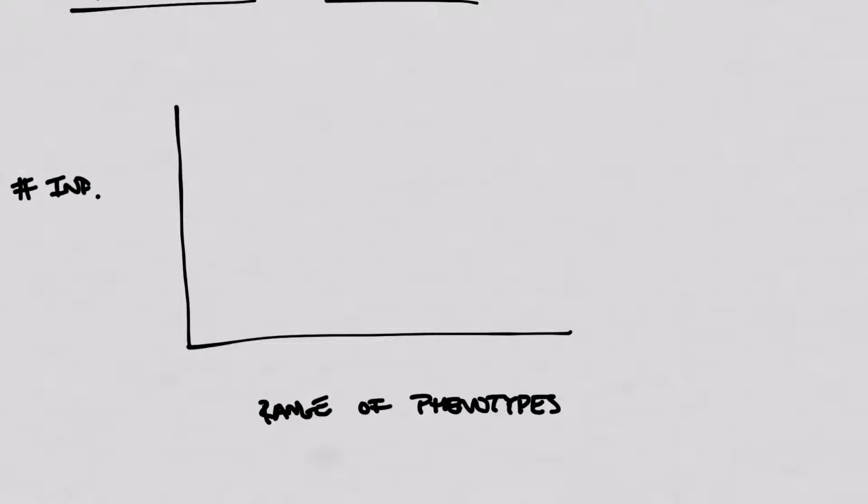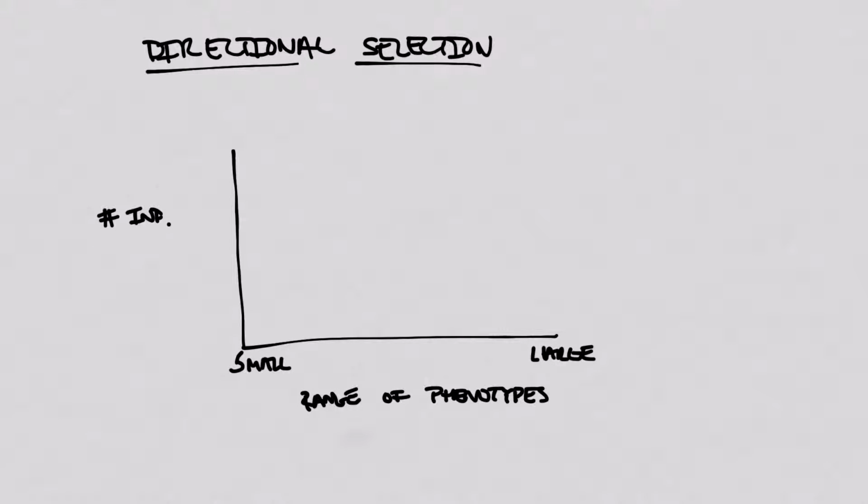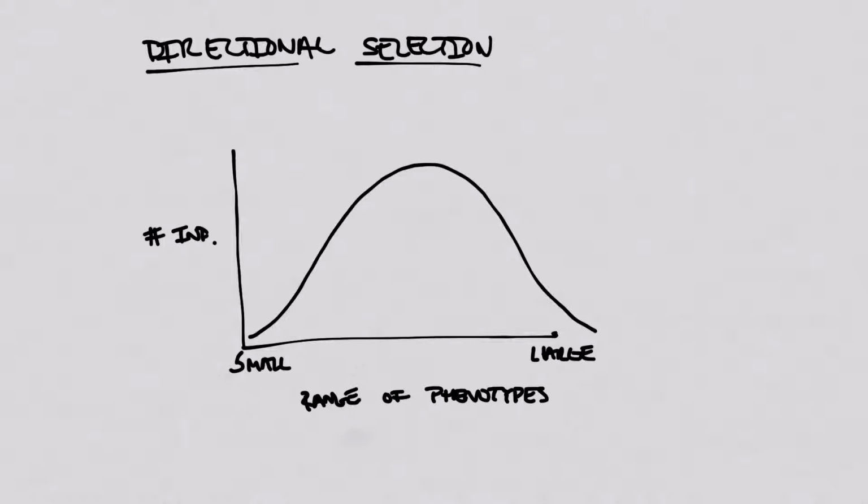Let's just say this is small, and this is large. If we look at any population, there's going to be some sort of bell-type curve, and this represents the number of individuals, so say this is 100,000.